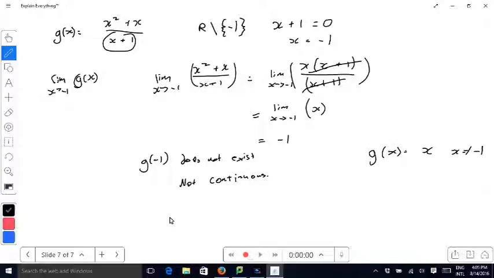Therefore, the graph of g of x is the graph y equals x, for x not equal to minus 1. On my set of axes, it's just the line y equals x, except at minus 1 I'm going to have a missing point. And that's basically the graph of g of x.